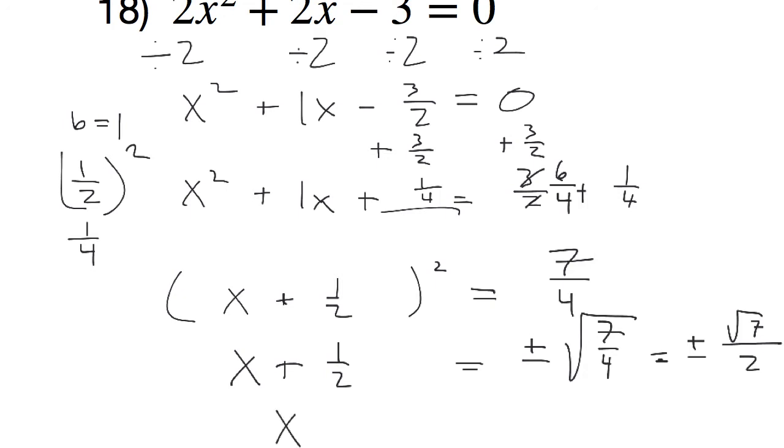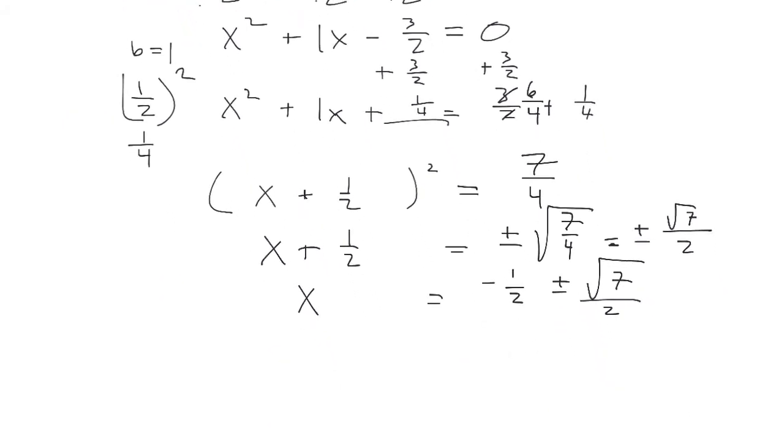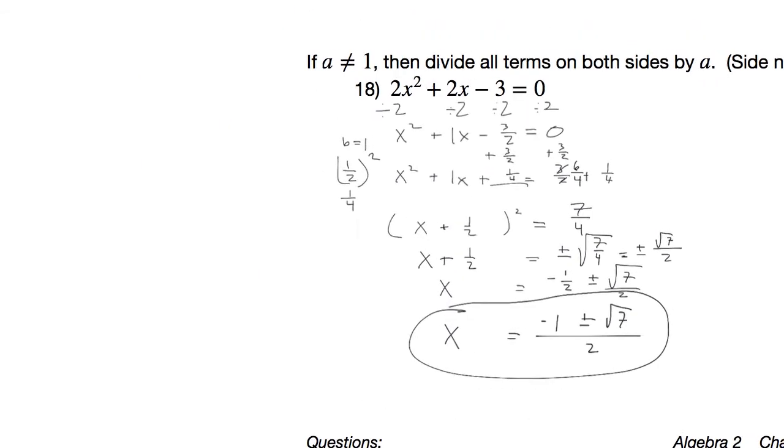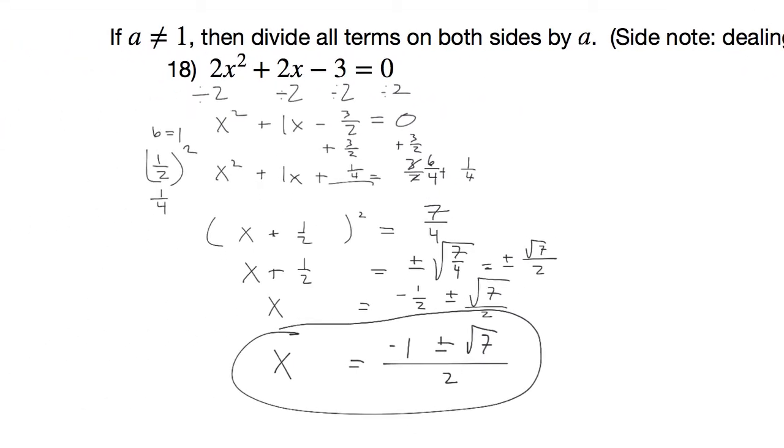We get x is equal to negative 1/2 plus or minus the square root of 7 over 2. And then you can even combine those fractions. You get x is equal to negative 1 plus or minus the square root of 7, all over 2. And there it is. You can't really simplify the answer more than that, so we're not going to try. You could get decimal equivalents, but with no calculators, that's what you get.